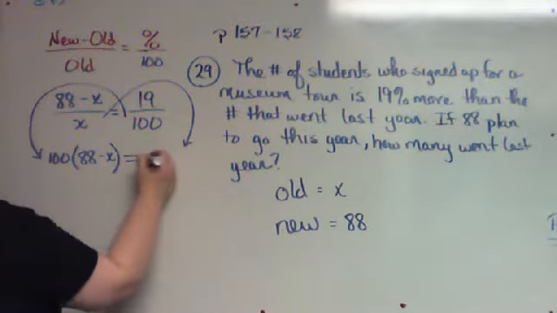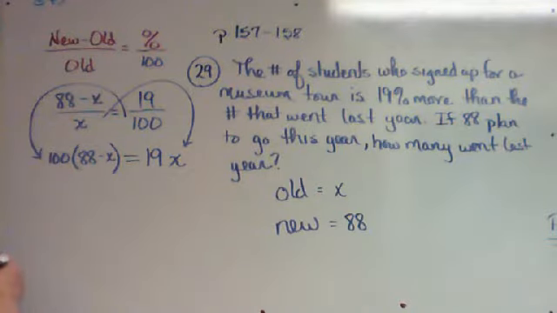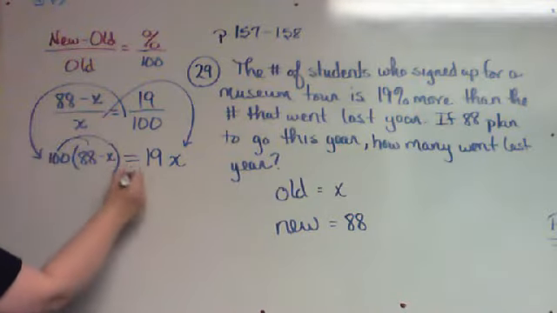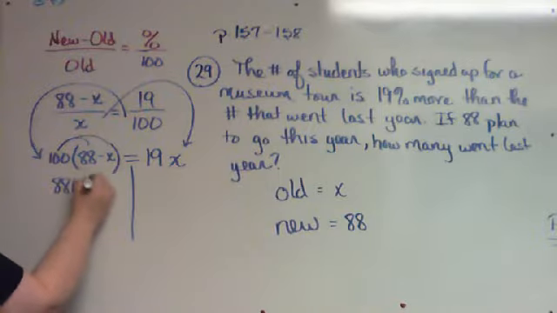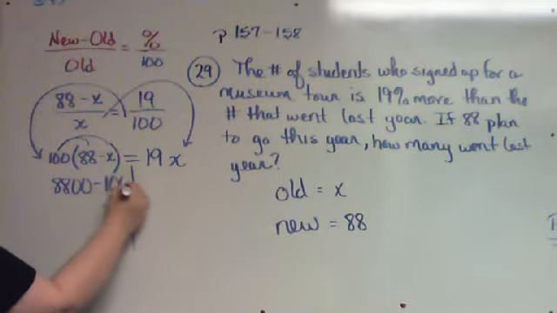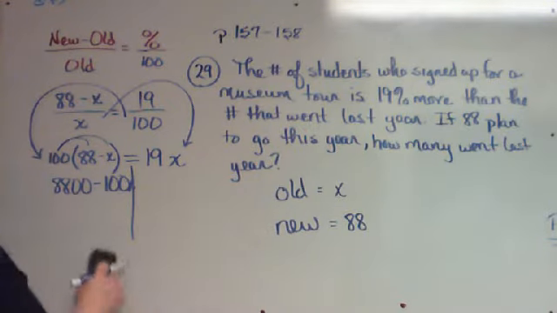Equals the 19 times the X. Now I can distribute here. So that's going to give me 8,800 minus 100x. I'm running out of room. I'll write it neater.